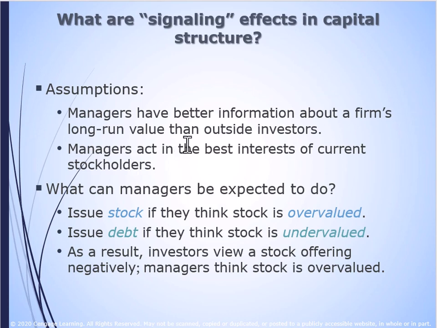But if this is true, what can managers be expected to do about stocks? If managers think that the stock price is too high, that it's overvalued, they might want to issue stock. Of course, if it's undervalued, they might want to issue debt.